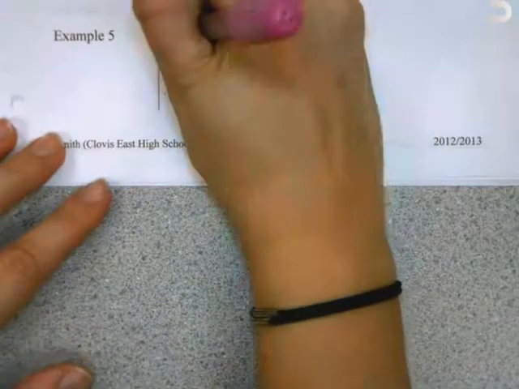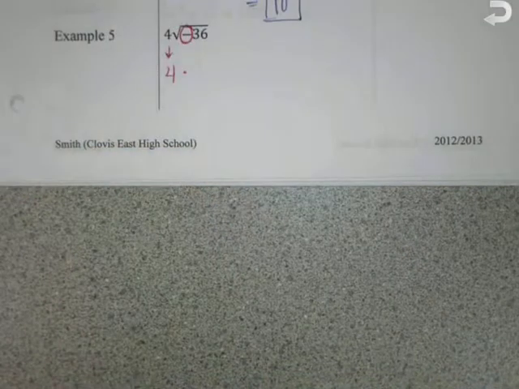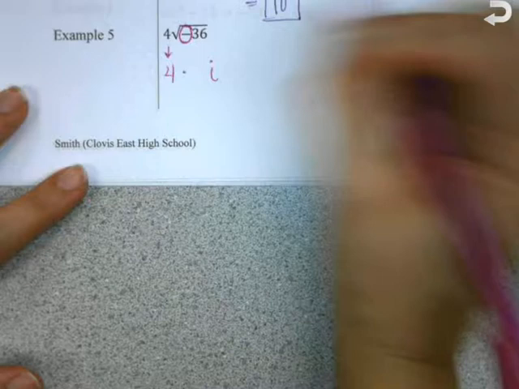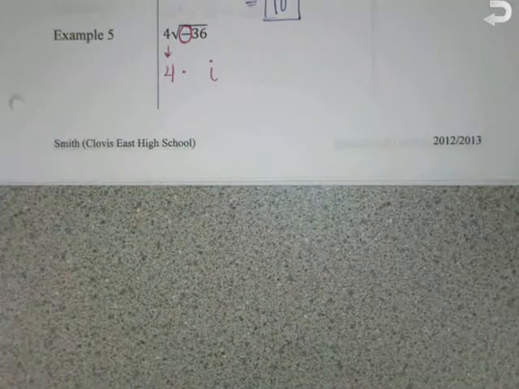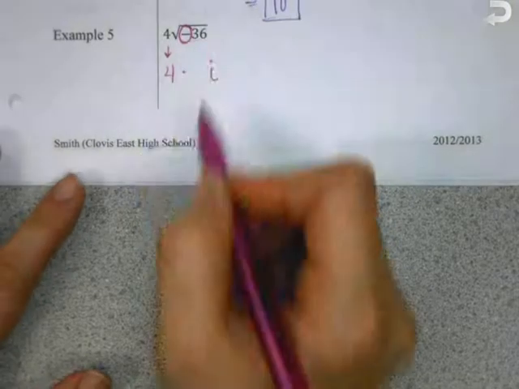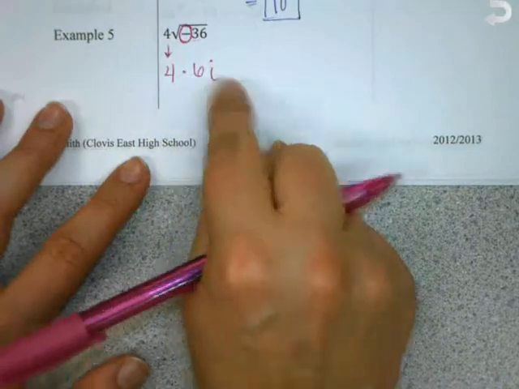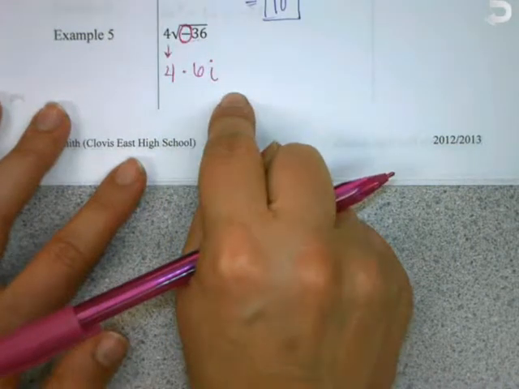So I know there's going to be an i somewhere in my answer. So we can take out that negative and leave it as an i. And what's the square root of 36? 6. So this is the same as 4 times 6i, which we can simplify to 24i.